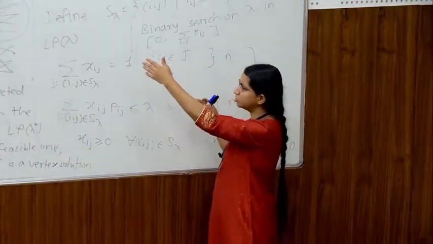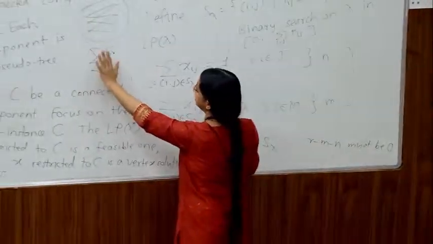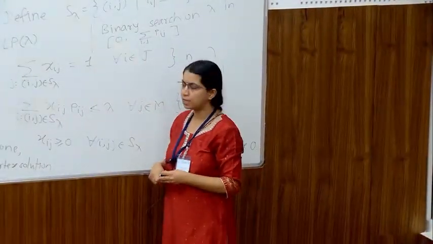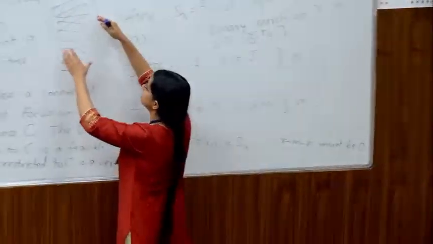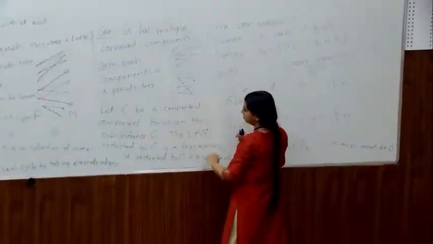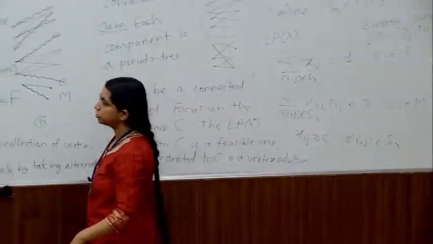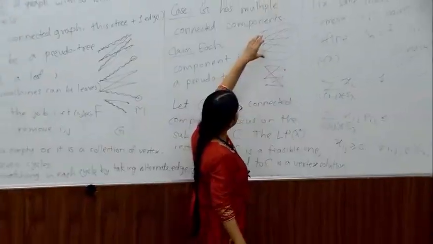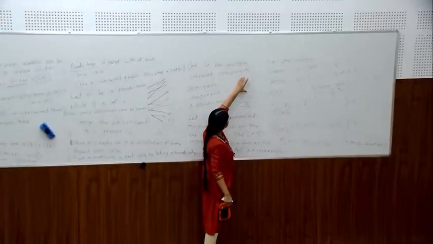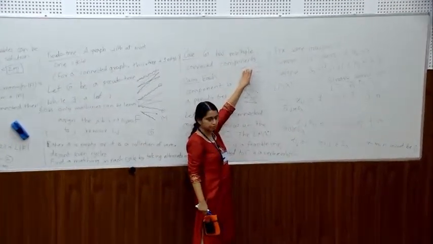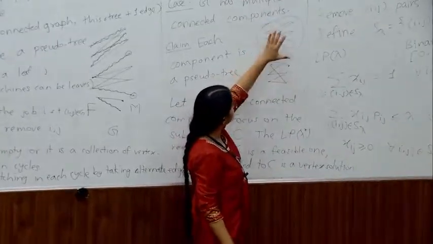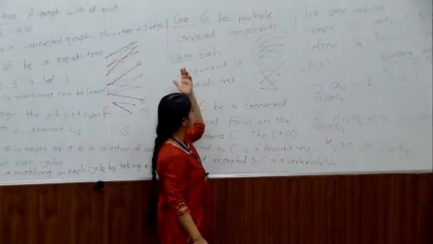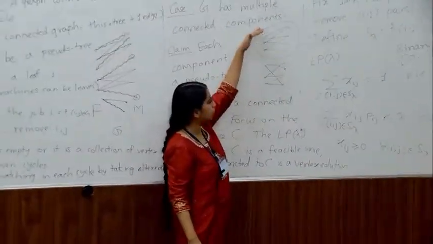Since we are removing some jobs and some machines, everything else should remain as it is, so this LP defined on the small part is also feasible. Our original solution is X, but only those variables from X which correspond to these job-machine pairs also form a vertex solution to this restriction of the LP. Why? Because if that is not a vertex solution, then the overall solution will not be a vertex solution.